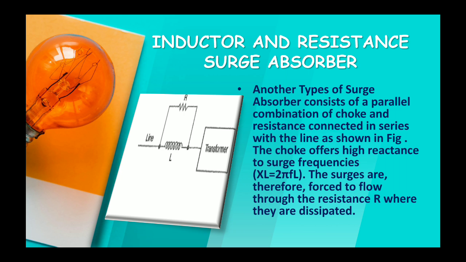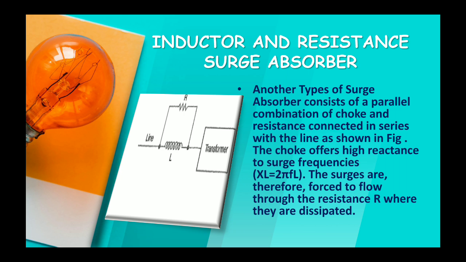So the choke offers high reactance to surge frequency, and the surges are therefore forced to flow through the resistance, where they are dissipated. In normal condition, the maximum current flows through the inductor, because it offers a very low resistive path, so there is less power loss.